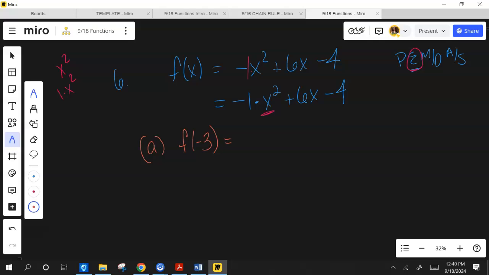So I'm going to say -1 times (-3) squared. I put that in parentheses so you didn't think that I was subtracting it. Plus 6 times what? -3 minus 4. Every time there was an x, it got replaced with -3.